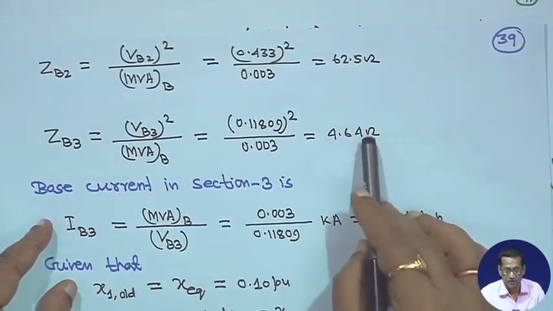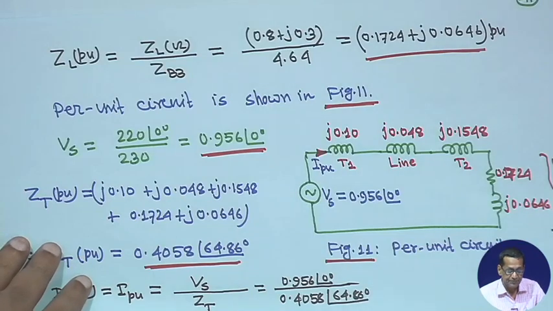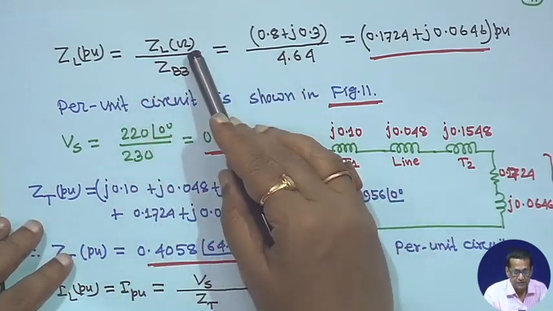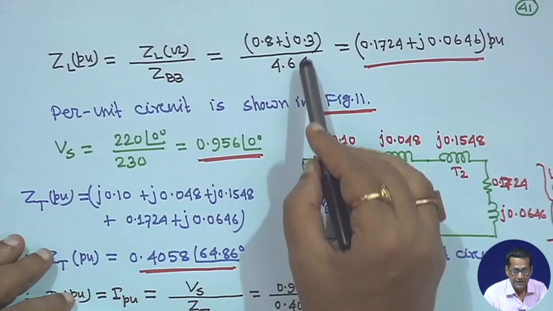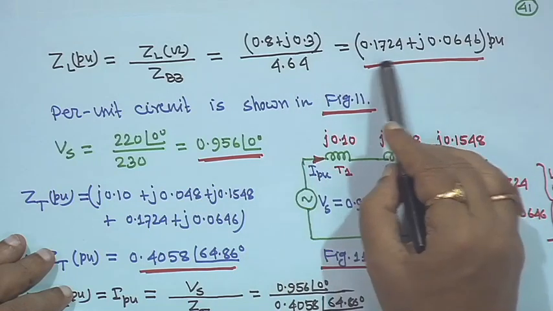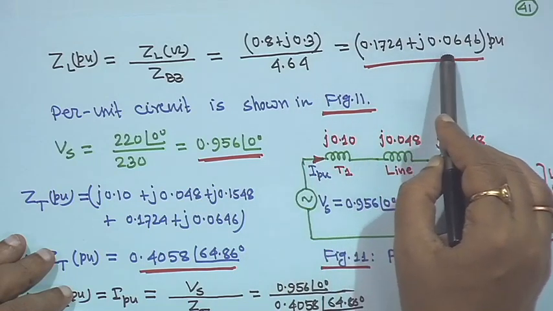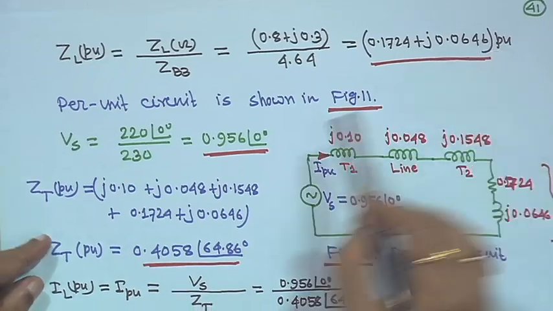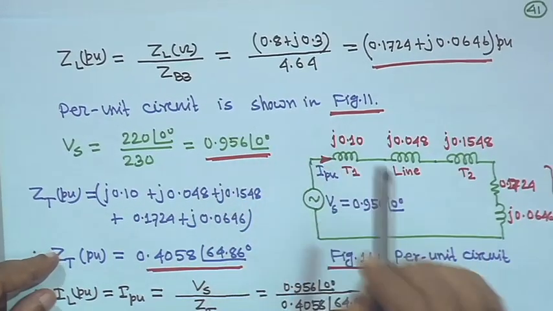That means per unit ZL is equal to ZL ohm upon ZB3, 0.8 plus j0.3 upon 4.64, that is 0.1724 plus j0.0646 per unit. So, the per unit circuit is shown in figure 11.